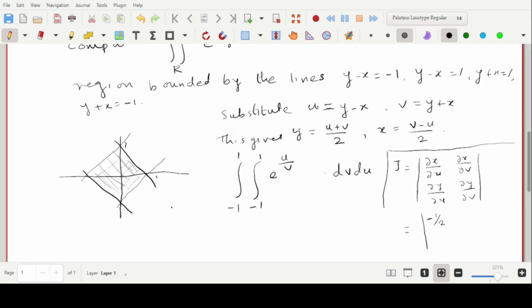Del y over del u is +1 over 2. Del x over del v is +1 over 2, and del y over del v is +1 over 2.